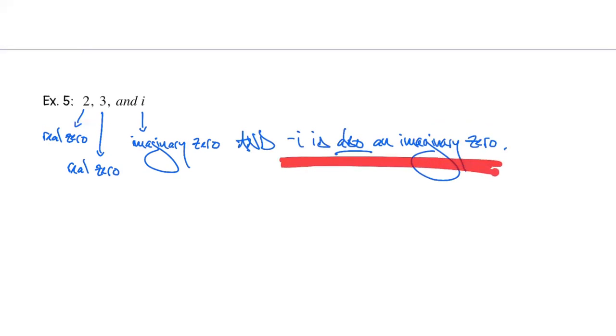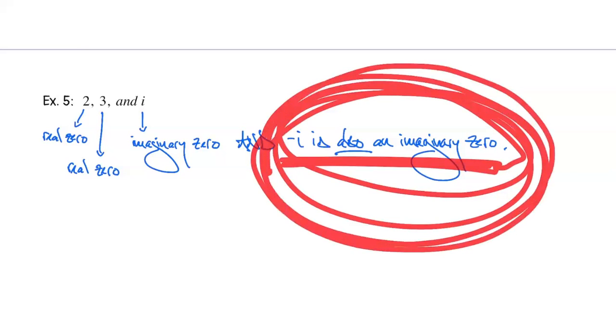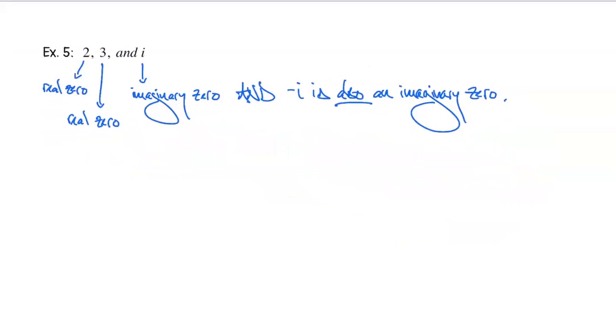This is critical to making sure there are no i's at the end of your answer. Okay. If you still are getting i's at the end of your answer, it is very likely that you forgot this thing that I'm going to circle a bazillion times so we remember that we have to have the complex conjugate. Okay. It's easy to forget, but it's also easy to think about, okay, where did I go wrong? Did I remember that complex conjugate? Right? It's a good checkpoint for ourselves.